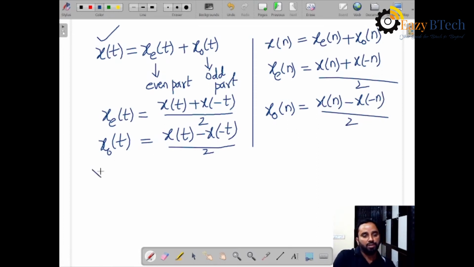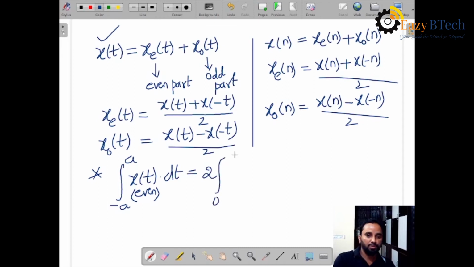And one more important point: suppose you have the integration from minus a to a of x of t dt, and x of t is an even function. Then this integration we can write as 2 times the integral from 0 to a of x of t dt.